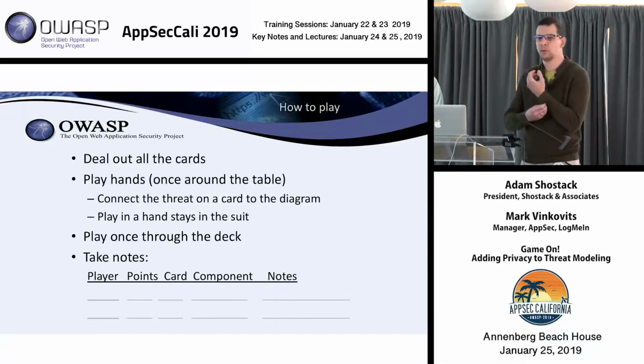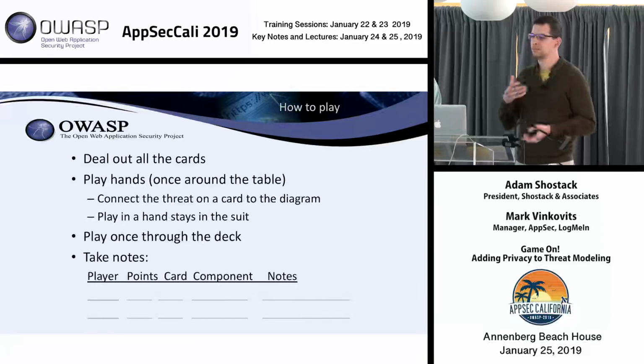So who do you play with? Our experience, at least the way that we apply this at LogMeIn, is that having 5 to 6 engineers in the room together with someone from the security team is the best way to have a good pace at which you are working.